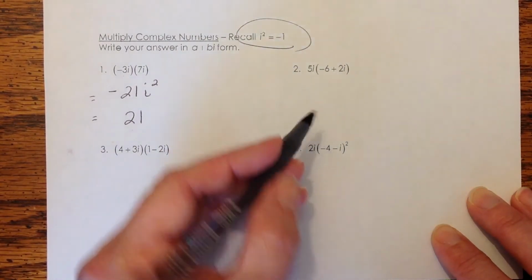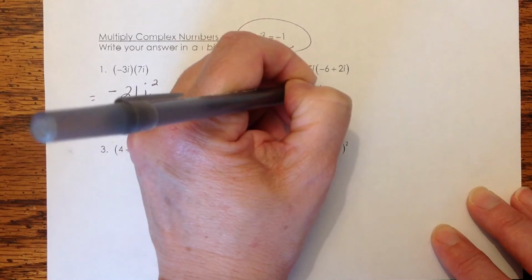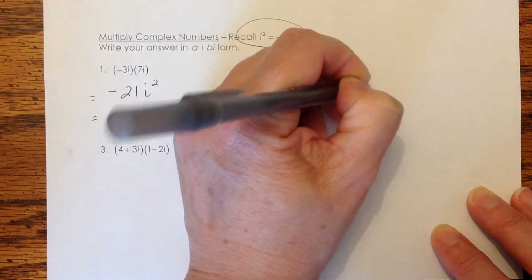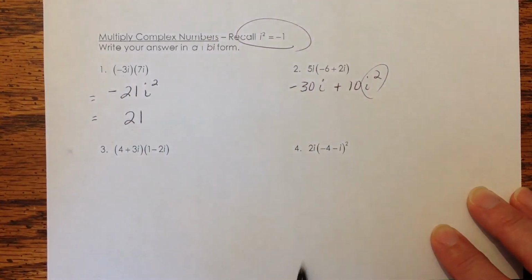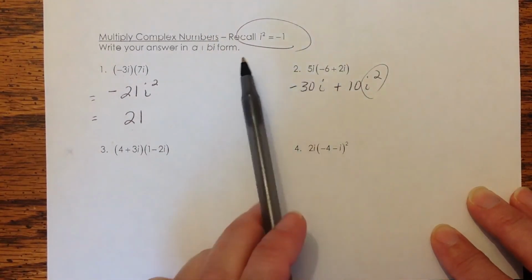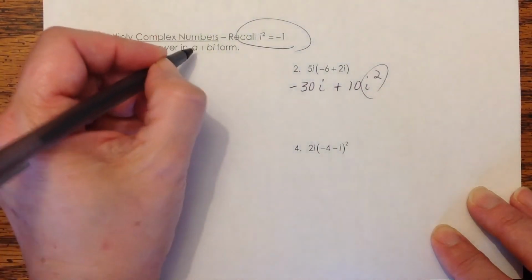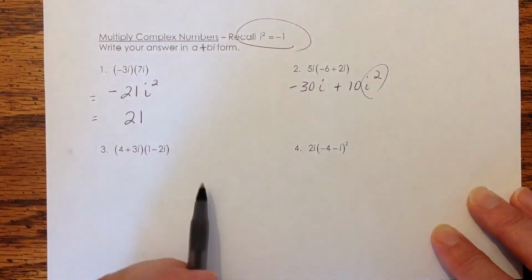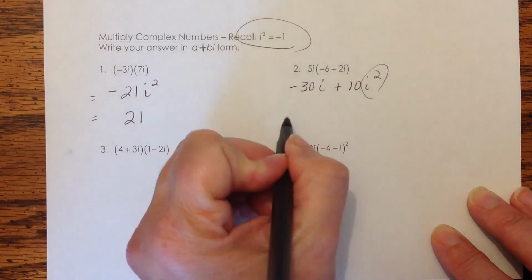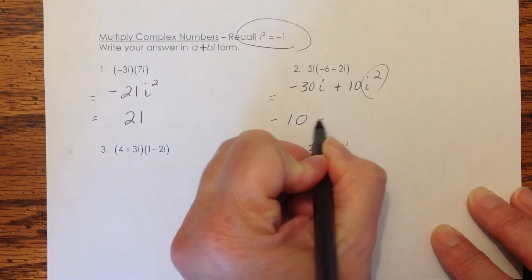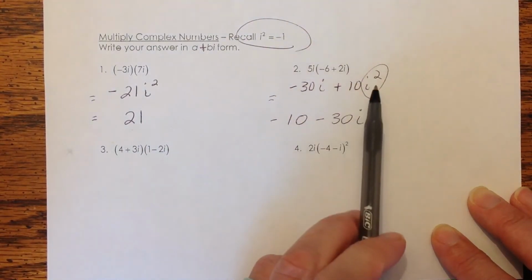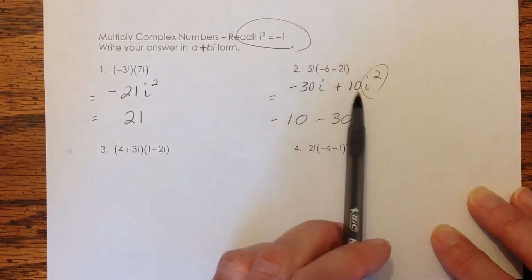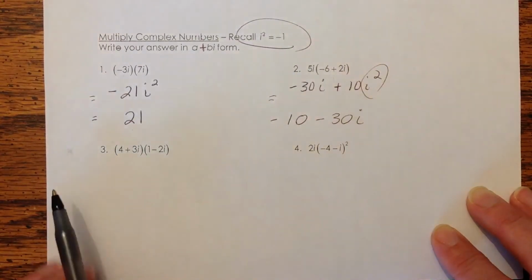Here I'm going to distribute, so I get negative 30i plus 10i squared. Every time I see i squared, I'm going to swap it for a negative value. And again, I want to write my answers in a plus bi form. So I want to pull negative 10 to the front minus 30i. Again, negative 10 came from i squared really being a negative. So this is a negative 10.